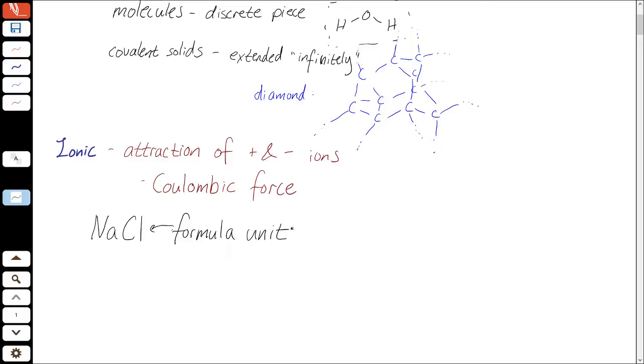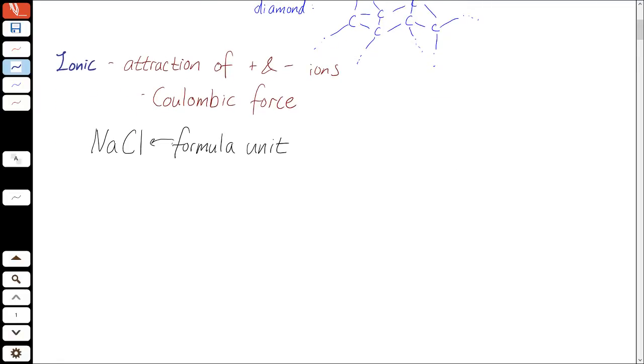So ionic compounds generally are neutral overall. That's not 100% true 100% of the time, but for what we're going to see, that's a good rule of thumb. So to find a formula for an ionic compound, you have to know the charges of the cation and the anion.